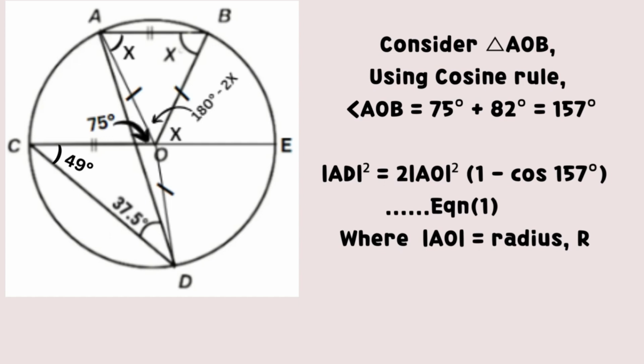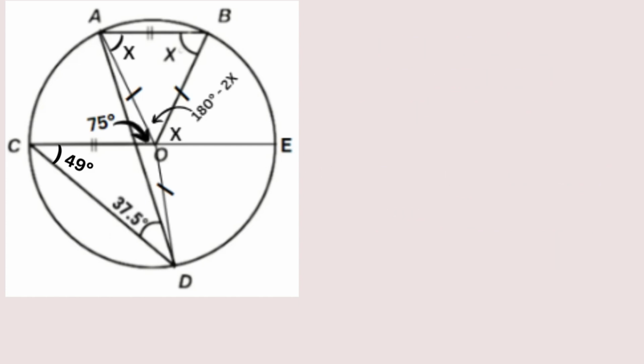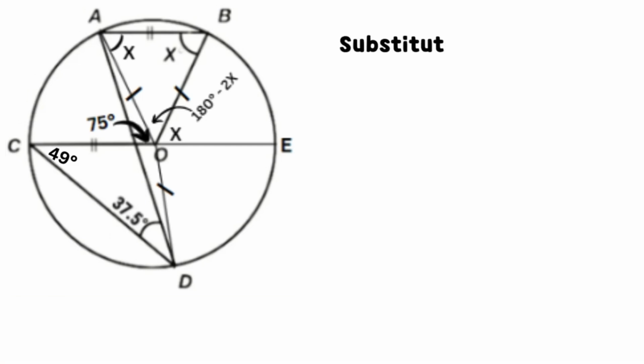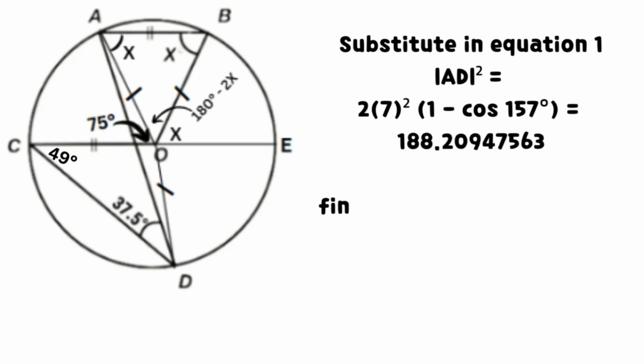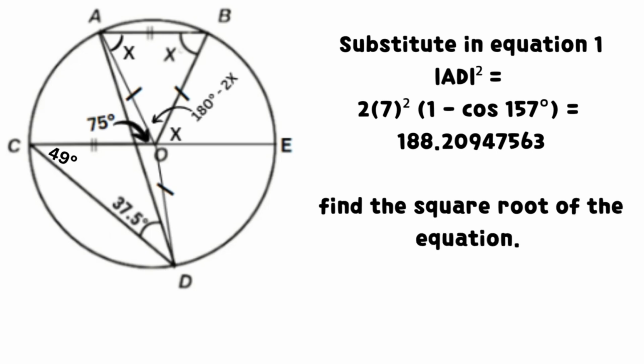We call it equation 1, where line AO equals the radius, R. Substitute in equation 1, simplify, and we have the square of line AD equals 188.20947563 centimeters square as shown on the screen.